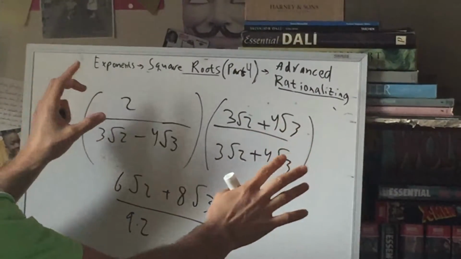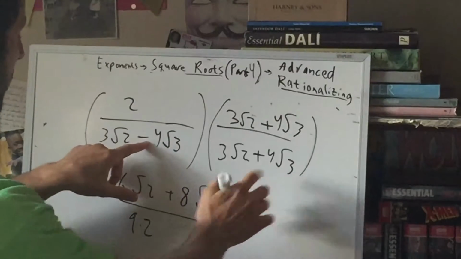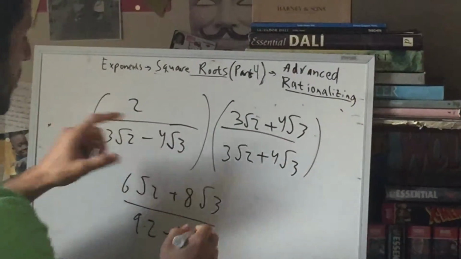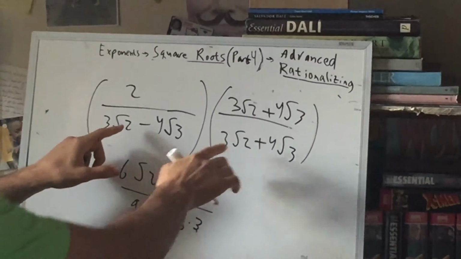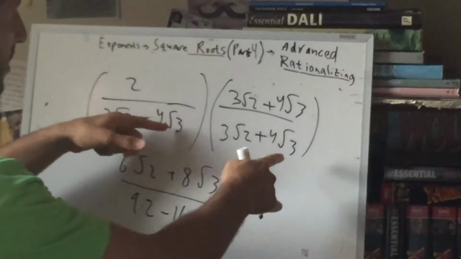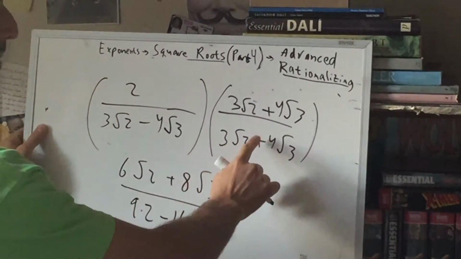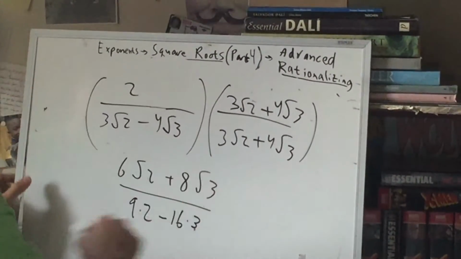So that's gone. And then these two are going to give us minus 16 times 3. So notice all the square roots basically got squared without introducing new square roots. Had we just copied this and made this a minus, I'll show you in a second what would have happened.